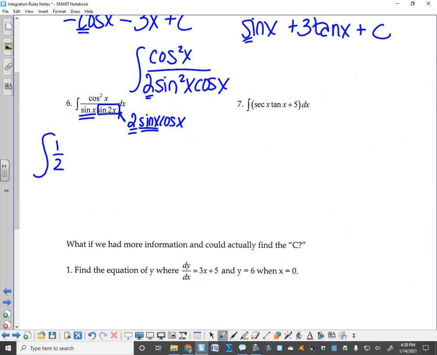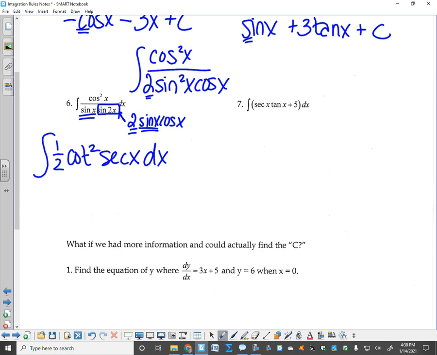Which turns into 1/2. Remember, I'm trying to not have any trig in the denominator. So 1/2 cosine squared over sine squared is a cotangent squared. Nope, not cosine. Cosine on the bottom is a secant on the top. Don't forget your dx. Is that right? Hold on one second.